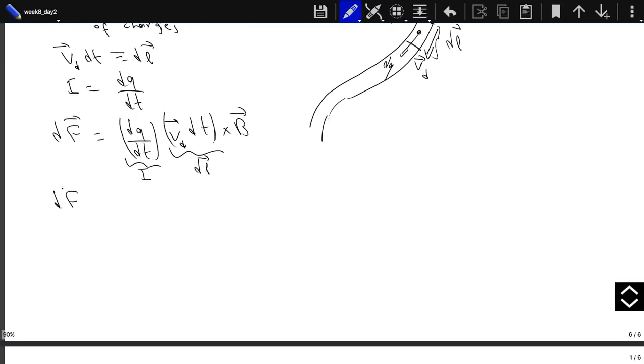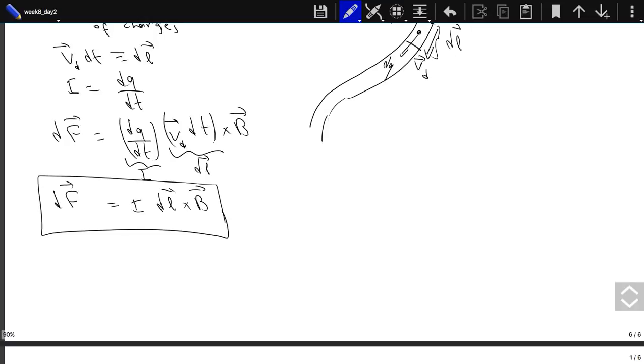So this is the force acting on a very small segment of current carrying wire in a magnetic field: dF = I dl cross B. Do you agree?